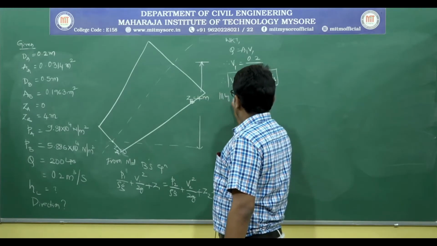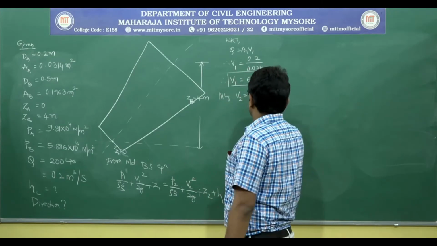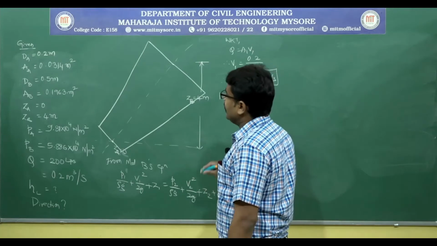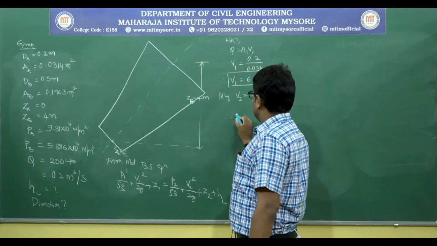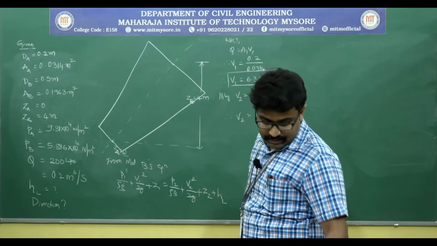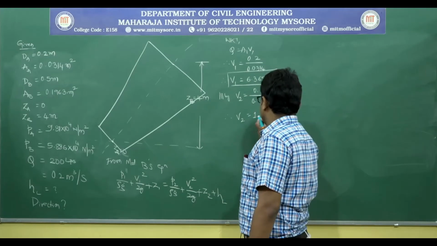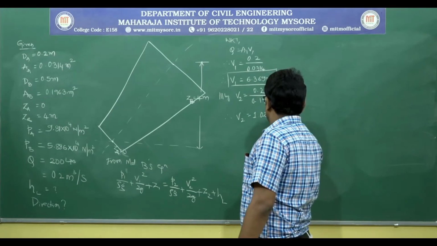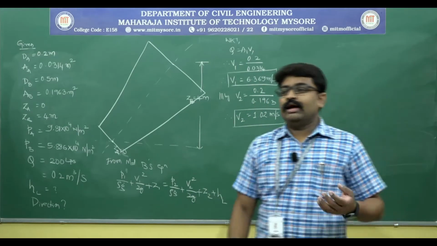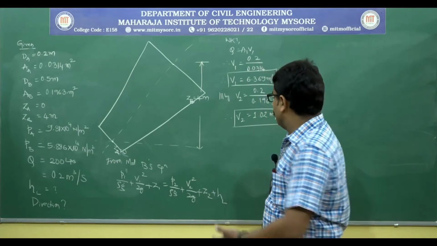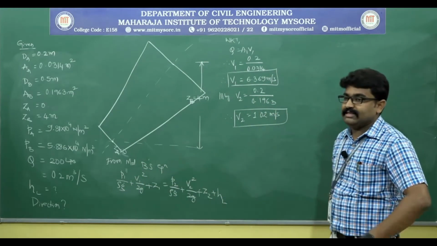Similarly, V2 is equal to Q by A2. Q remains 0.2, area at section 2 is 0.1963. Therefore V2 is nothing but 1.02 meter per second. So you have found V1 and V2. Put that in this equation, you will get the answer for HL.